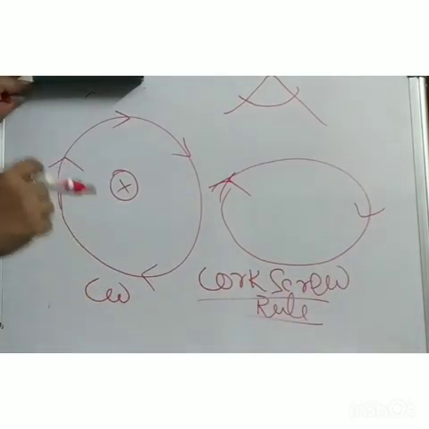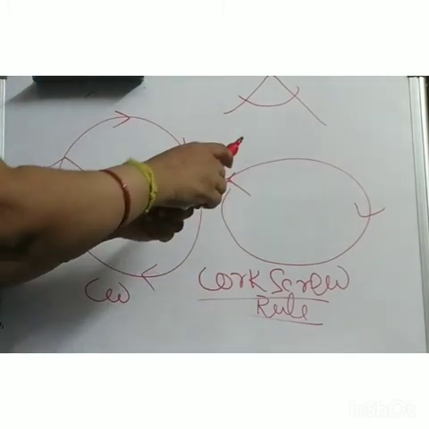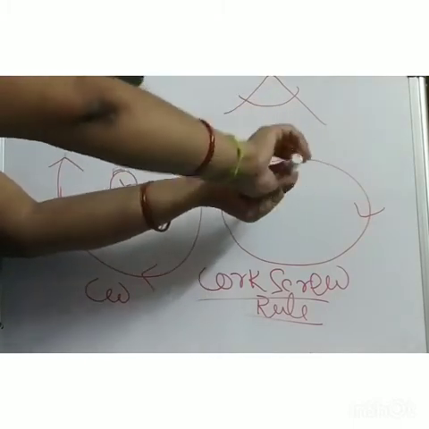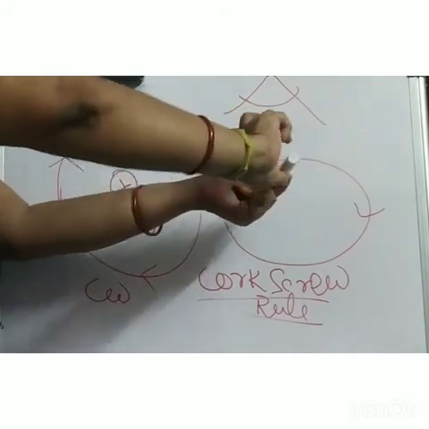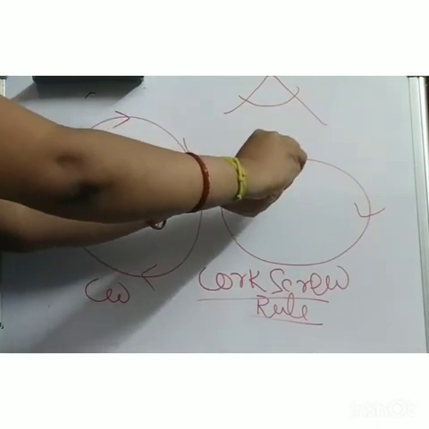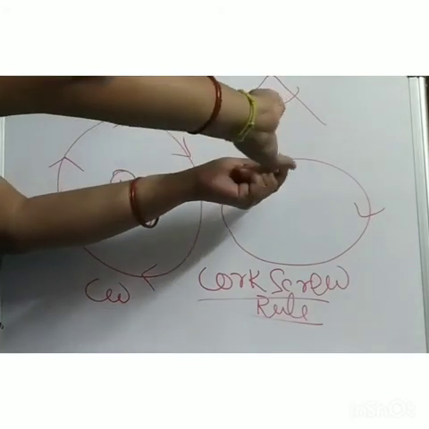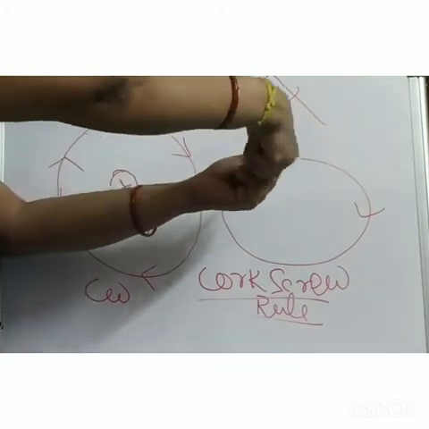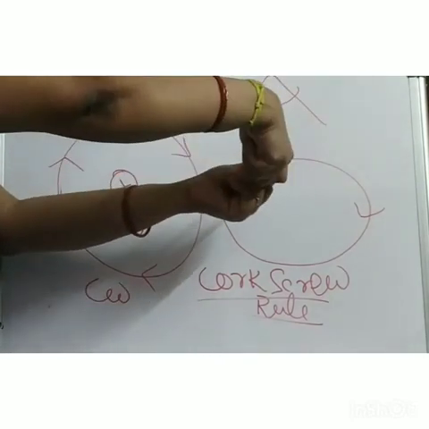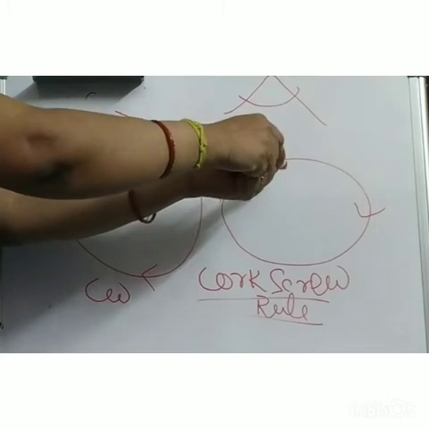Now hold your screw over here at the center. Hold the screw like this. Now rotate the screw like this. So what will happen? If you give this movement to your screw, the screw will enter inside your wood or block, anything you are doing. Now rotate your screw like this. How you are rotating? So this is clockwise. Your movement of your hand is clockwise. So when you are turning the screw like this, your screw is getting inside.